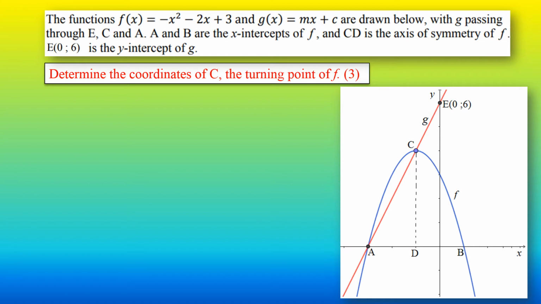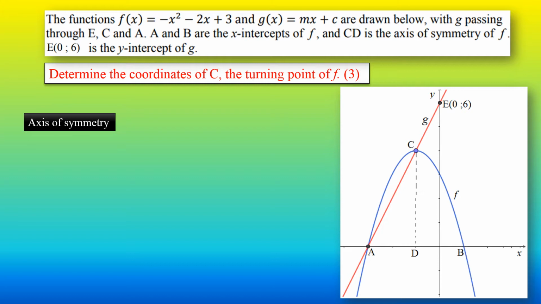We must know that this turning point C can be calculated by using the axis of symmetry method. We calculate the axis of symmetry first, that is the x coordinate of C.